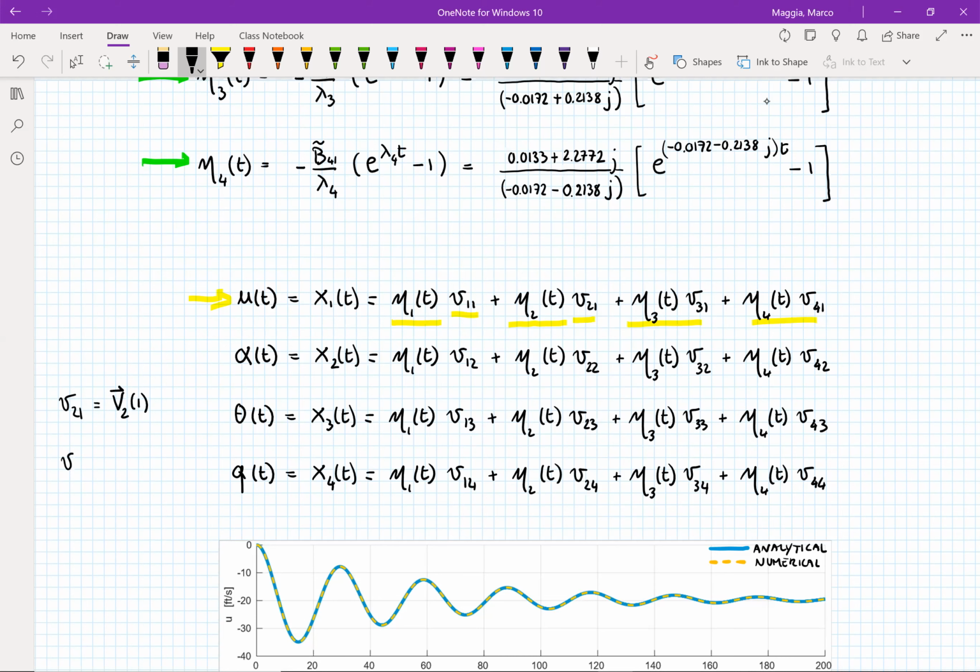Or let's take another one, v34. So you take eigenvector number 3 and take the fourth element of it. So we have everything. We have the eigenvectors, we have the modal amplitudes, so we can reconstruct the actual states. The first one, as I said, is the surge speed. Then we have the angle of attack, the pitch angle, and the Q rate.